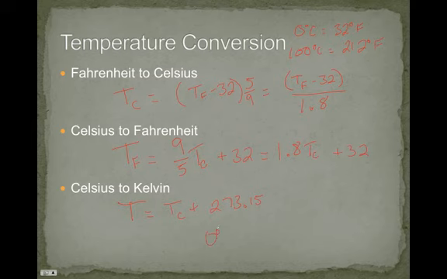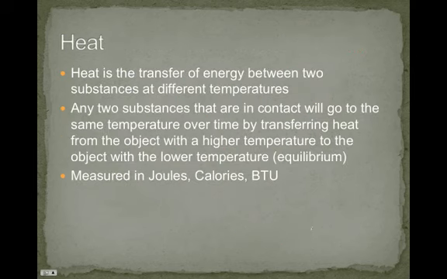So 0 degrees Celsius is equal to 273.15 Kelvin. 0 degrees Kelvin is, of course, absolute zero. That's when molecules pretty much stop moving, and the laws of physics tend to break down at that point.